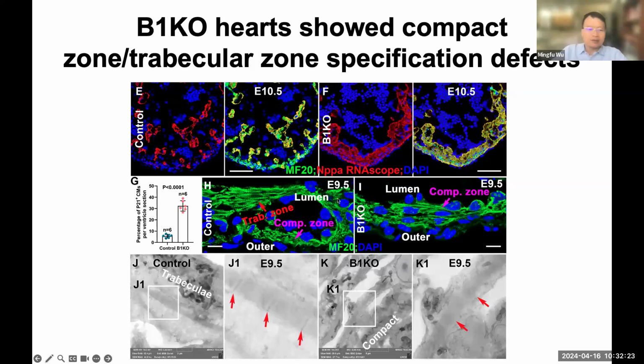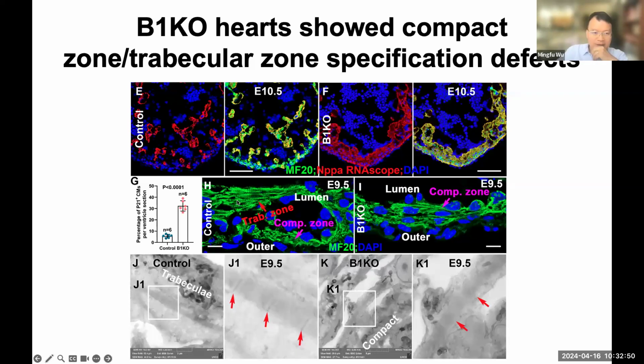And we also examined the actin filament and the sarcomeric array. The sarcomeric array is an indicator of cardiomyocyte maturation. At an early stage, such as E9.5, the trabecular cardiomyocyte is more mature than the compact cardiomyocyte. This is evidenced by the actin filament and sarcomeric array staining.